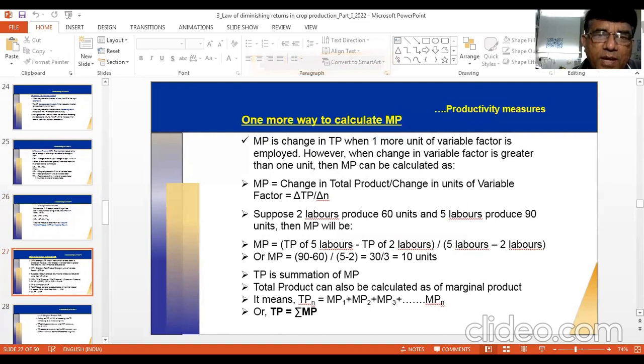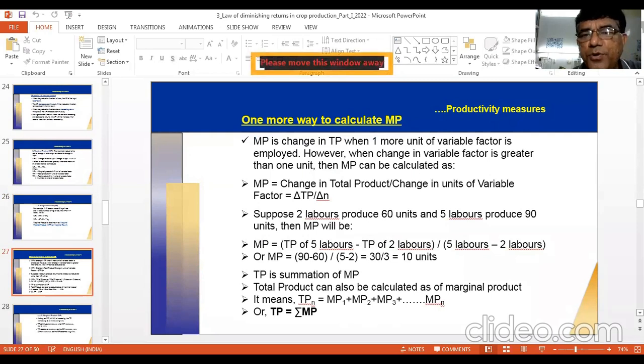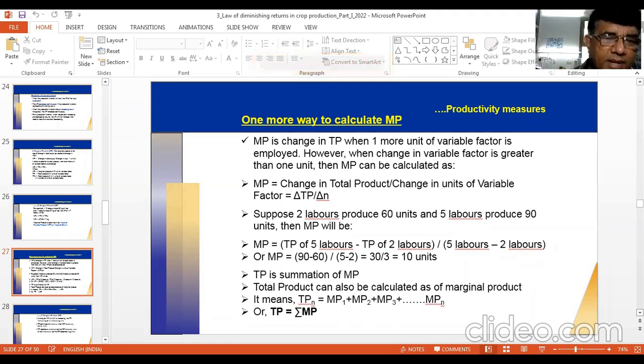Now, there is one more way to represent this MP. MP is the change in TP when one more unit of variable factor is employed. When the change in variable factor is greater than 1 unit, MP can be calculated as change in total product divided by change in units of variable factor, that is delta TP divided by delta N. Suppose 2 laborers produce 60 units and 5 laborers produce 90 units.